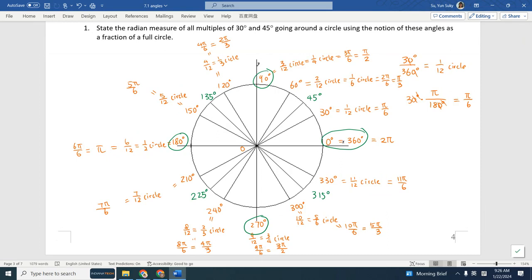Yes, everybody? We get all the multiples of 45 degrees.